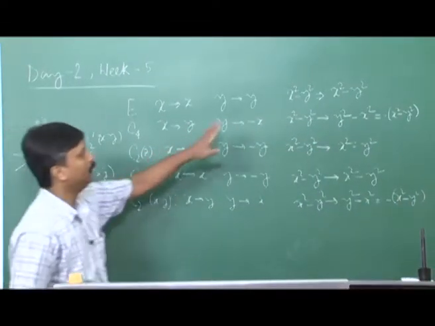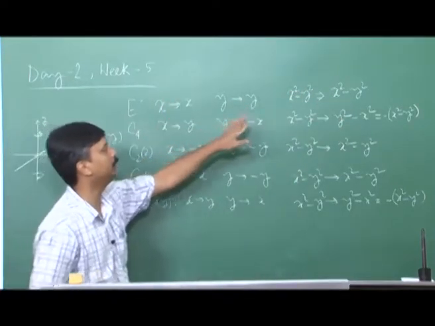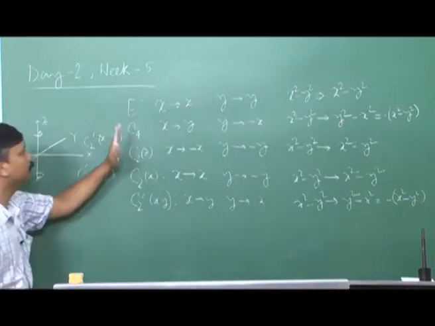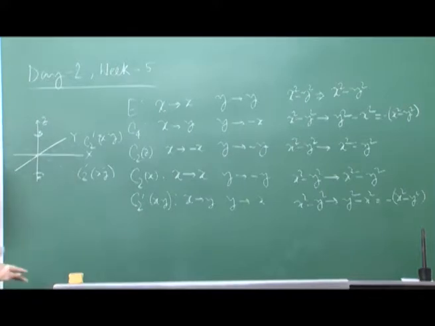So whether this transformation, that is x square minus y square to something, is symmetric with respect to E, symmetric with respect to this or not, depending on that you can get either plus 1 or minus 1.